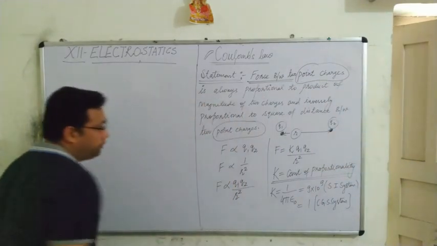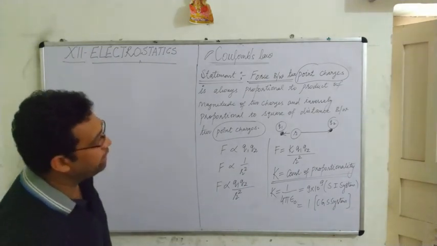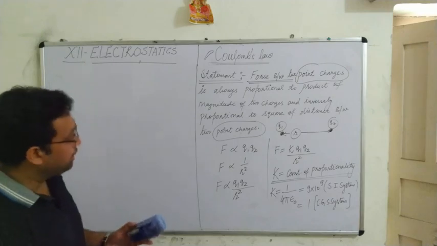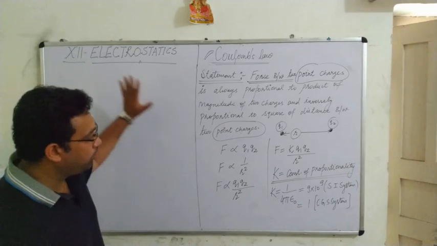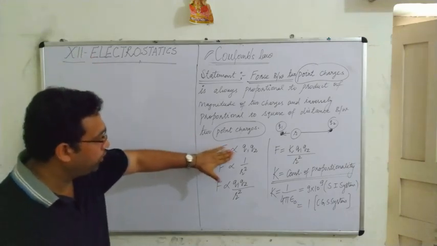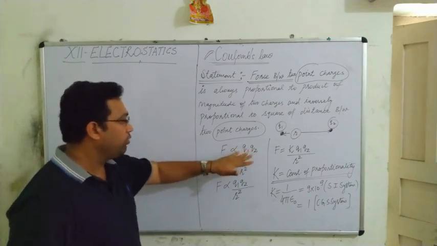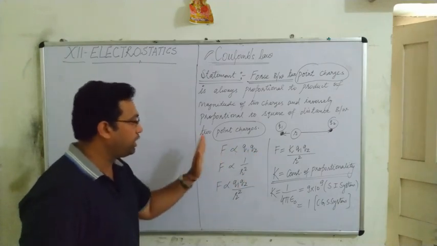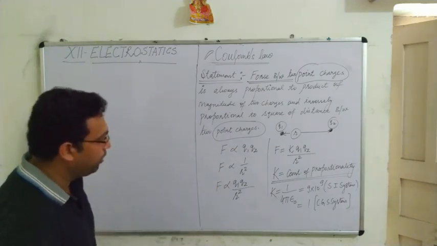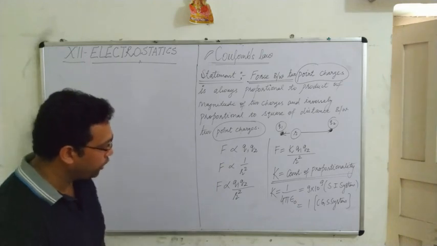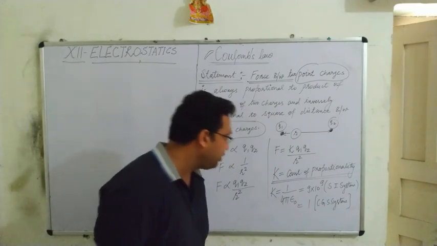So note down the statement of Coulomb's law and the mathematical formulation of Coulomb's law. Simple formulation: we have force proportional to the magnitudes of two charges Q1 and Q2, or you can say the product of two charges Q1 into Q2. F proportional to 1 upon r square. F proportional to Q1 Q2 upon r square. Now F equal to K Q1 Q2 upon r square.